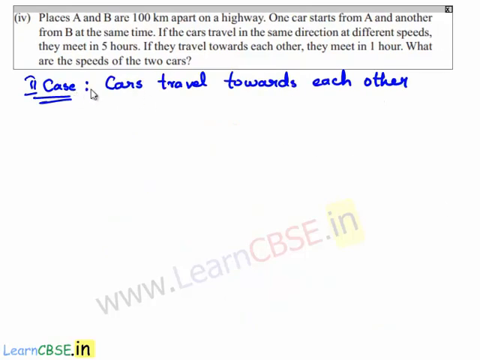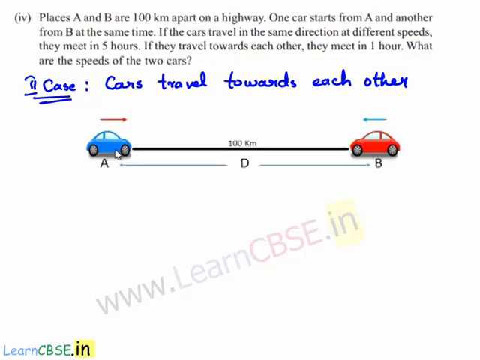Now let us see the second case, which is that the cars travel towards each other. When they travel towards each other, they meet in 1 hour. Car A starts from point A and car B starts from point B. After 1 hour, they meet at a common point D. So let us calculate the distance traveled by them. We have assumed that car A's speed is x kilometers per hour and car B's speed is y kilometers per hour.